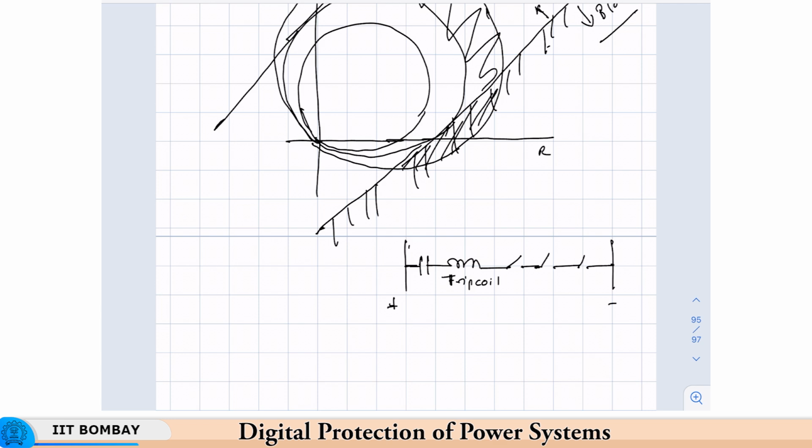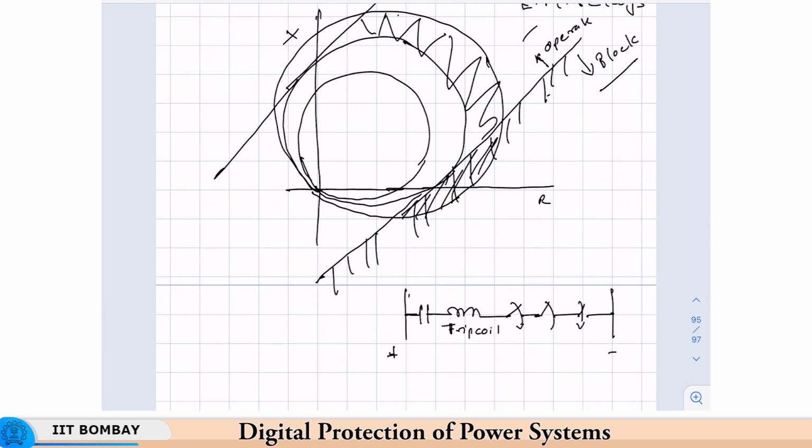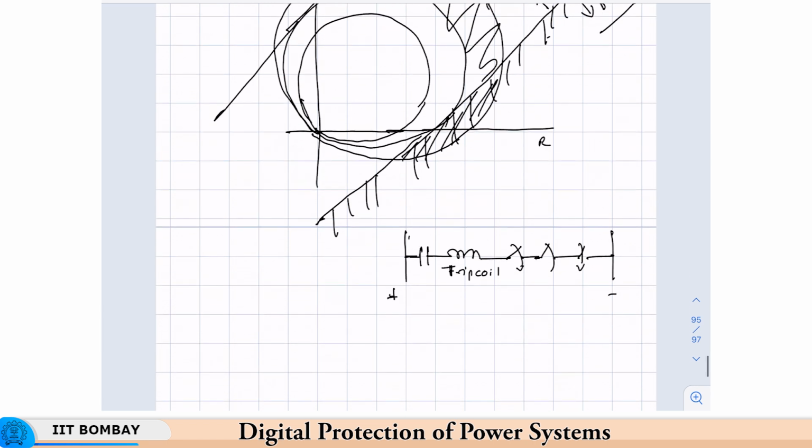Only if the two blinder contacts close and the relay contact closes, if the characteristic enters it, then only will the relay operate, or energize the trip coil and issue a trip command.